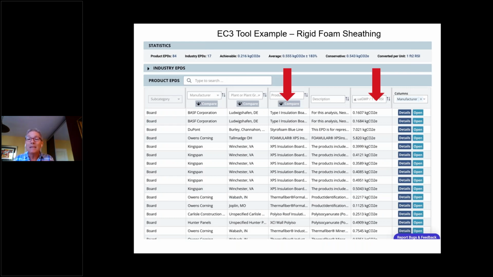Once you have all these EPDs in a tool like the EC3 tool, here we entered and said, let's look at the EPDs for rigid foam sheathing. You'll get a big giant list like this, various companies. You can come over here to the first middle red line, showing you the different types of insulation. So if I want to use rigid foam sheathing on the outside of my building, what kind should I use?